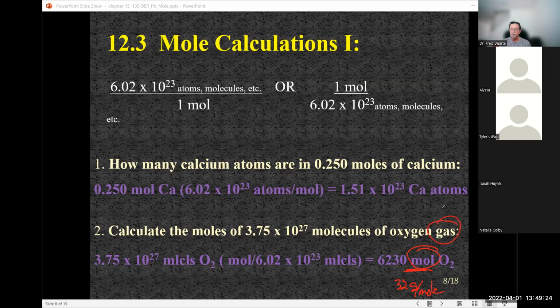Notice the key here is the term gas. When you see in word problems they're talking about gas, then hopefully you know by now that oxygen gas is diatomic, which is the normal structure for oxygen gas.